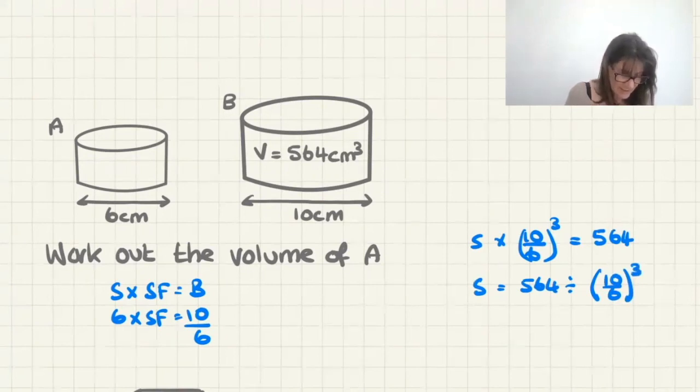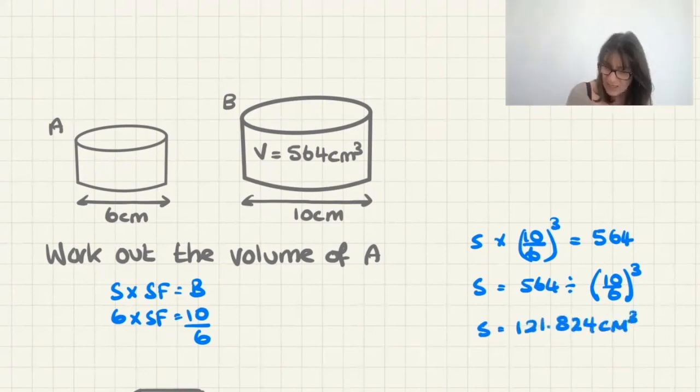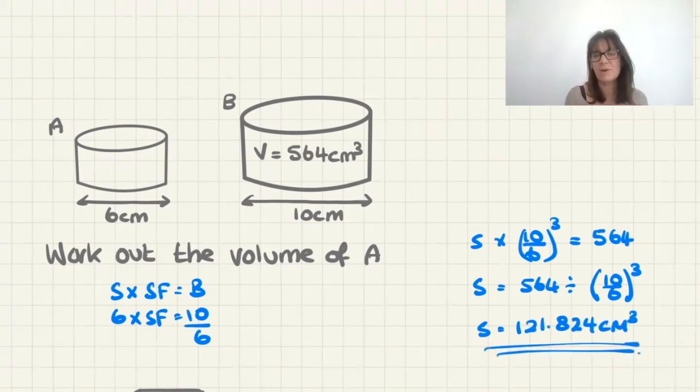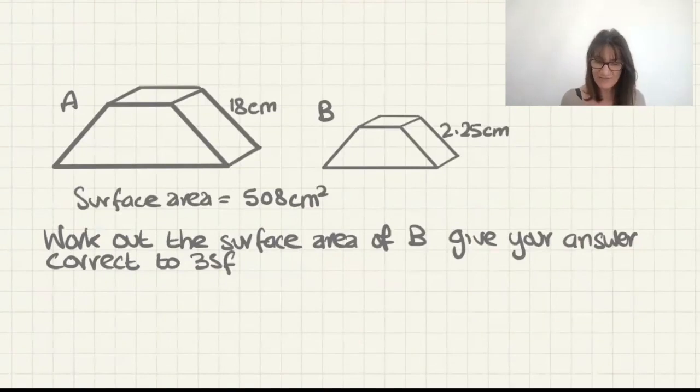And that is going to give me a final answer of 121.824 centimeters cubed. If the question's asking you to round in a certain way, then you must always go back and check that. It's unlikely that you would write an answer that long. You would probably be asked 3 sig fig or 1 decimal place or something like that. All right. If that one went well, then excellent. Okay, so have a go at that question, and when you're ready, hit play.